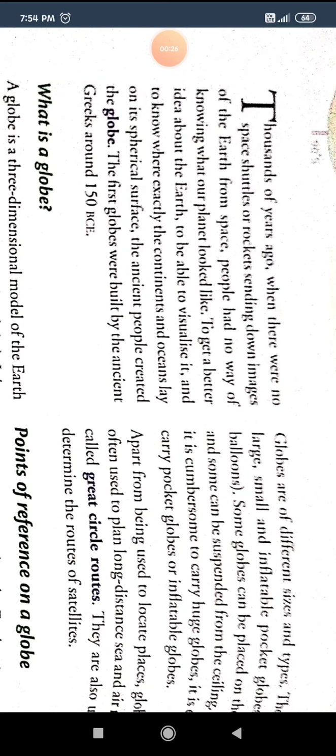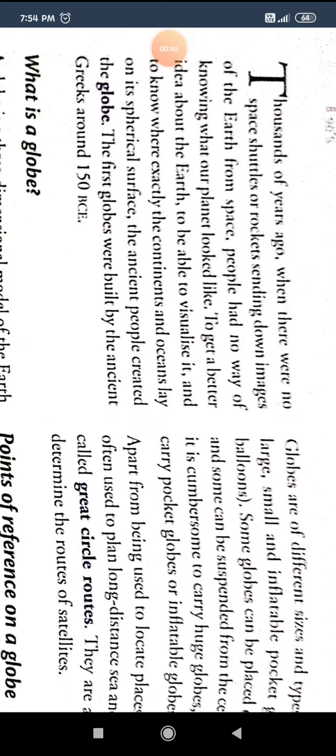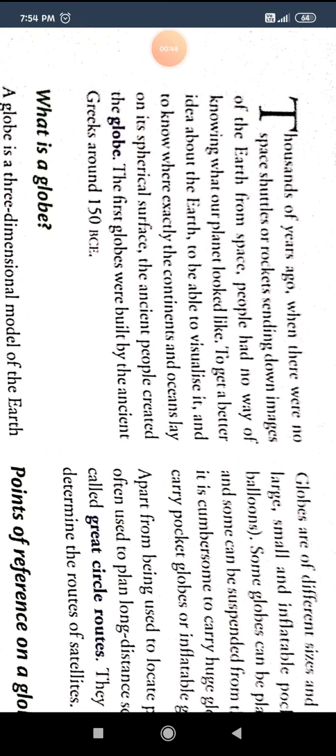Thousands of years ago, when there were no space shuttles or rockets to bring images of the earth from space, people had no way of knowing about the earth, how it looks, what its different features are, and what the shape of the earth is.